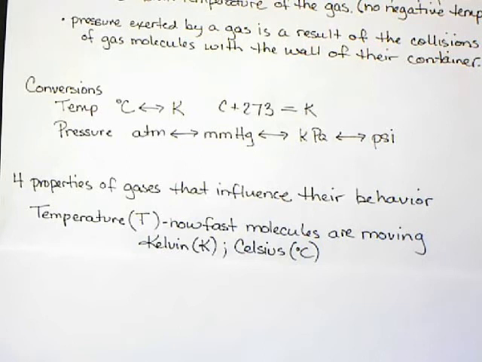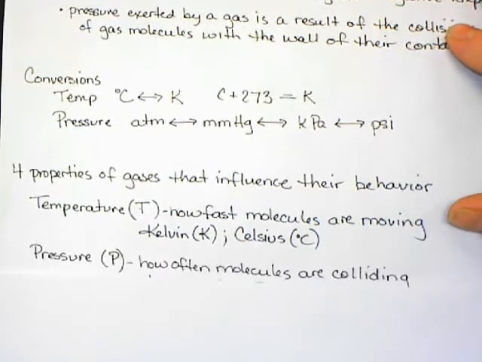Please note that temperature gets the variable capital T. T is not a unit, T is a variable. So those are what we're going to put into any of our equations that we use to solve for gas laws quantitatively. You would never say the temperature is 25 T, you would say it's 25 Celsius, but T is the variable.